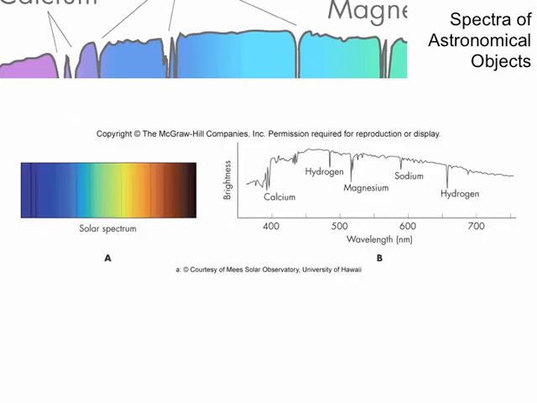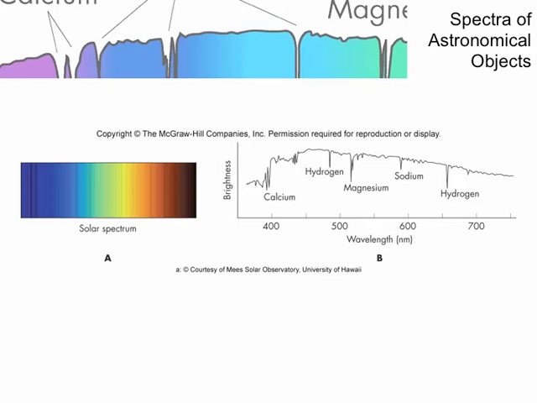Here's what the sun's spectrum looks like. If you look very closely, you will see dark lines on top of an otherwise continuous spectrum. If we write those dark lines a little differently, like on B, then we can examine exactly what wavelengths they are located at.